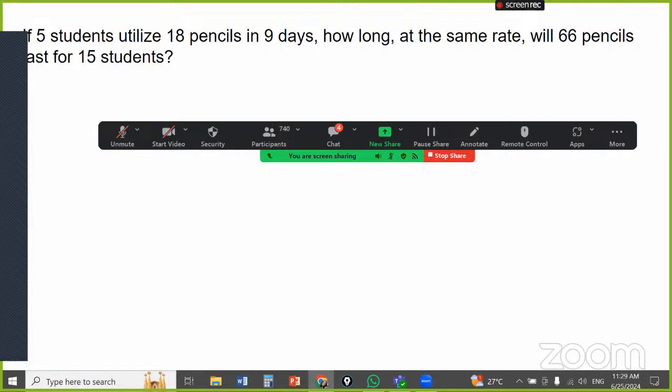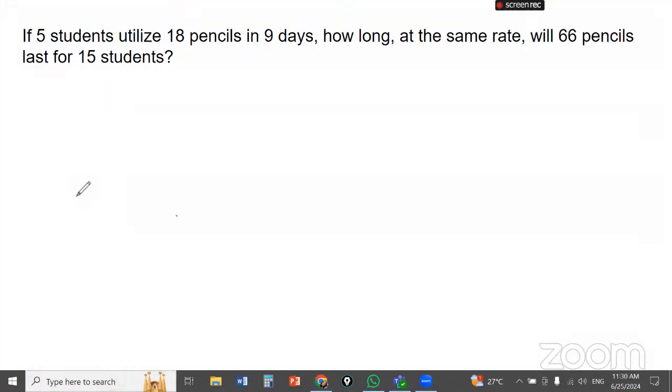You need to correctly identify which is work done. Men, work done, days, and so on.